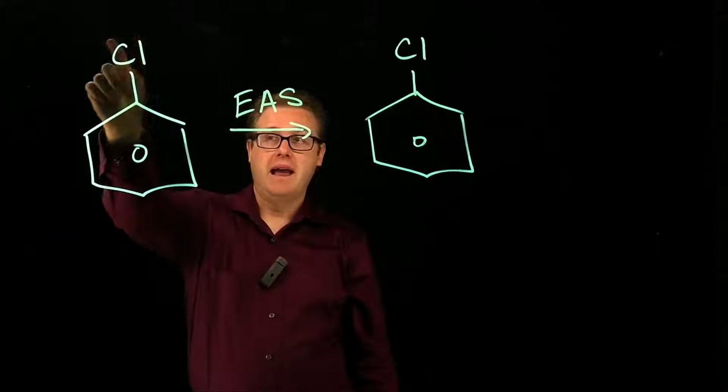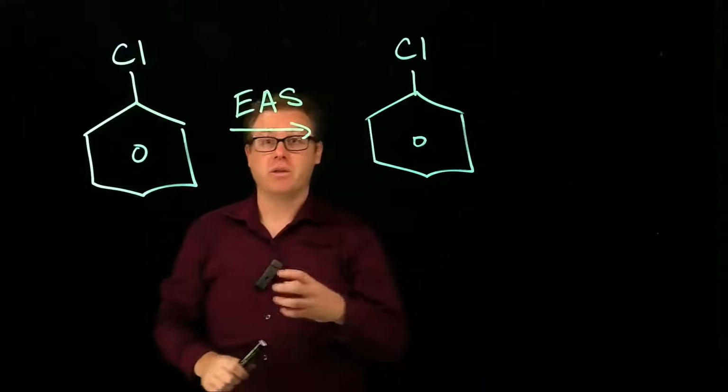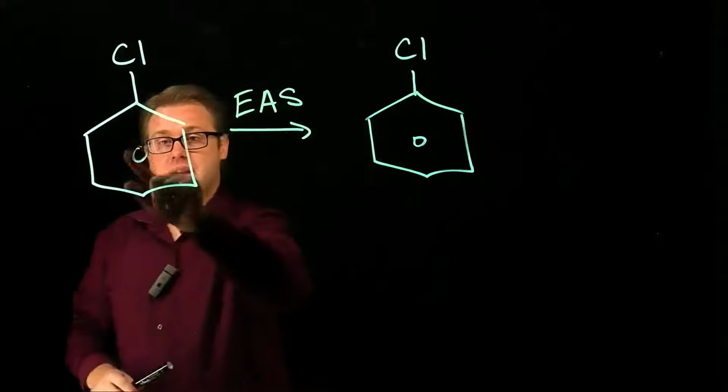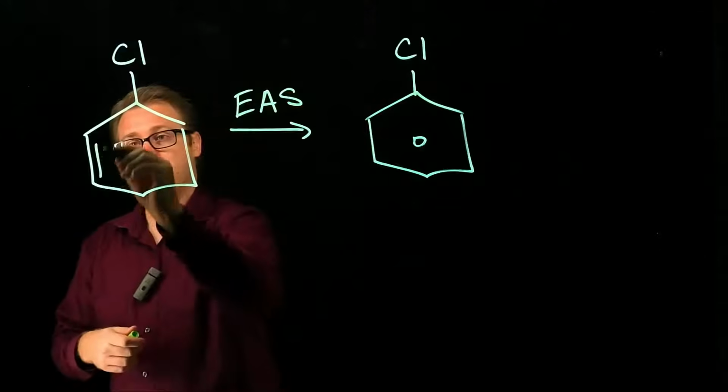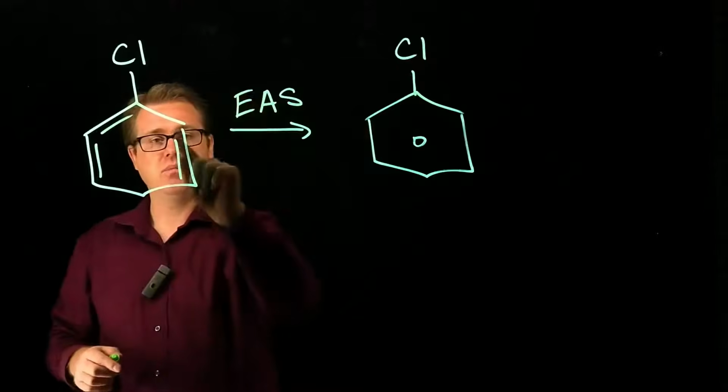The chlorine atom right here is an electron withdrawing group, and it withdraws the electrons from the benzene ring via induction.